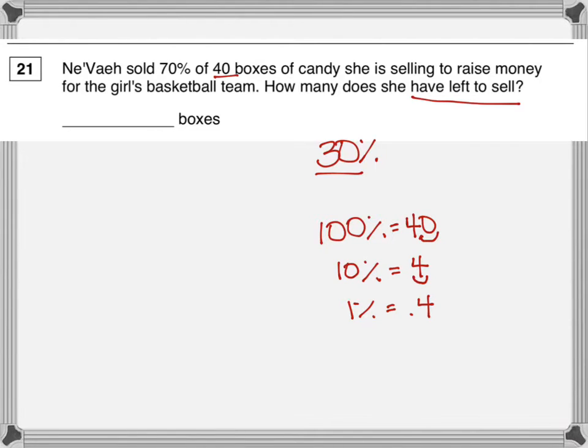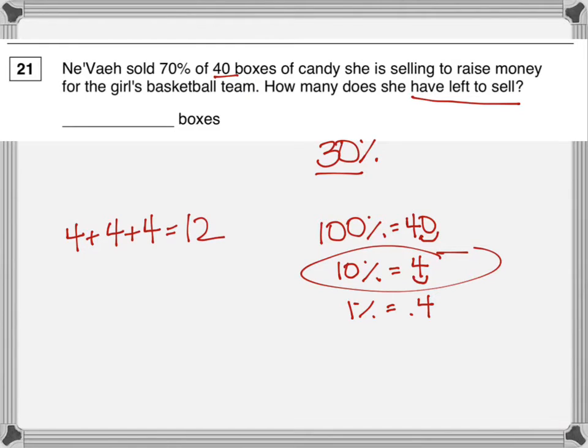So if I'm trying to get 30%, I'm just going to do my 10% 3 times. So 10% 4, another 10% 4, and another 10% 4. A lot of you would just multiply by 3. That equals 12. She has 12 boxes left to sell.